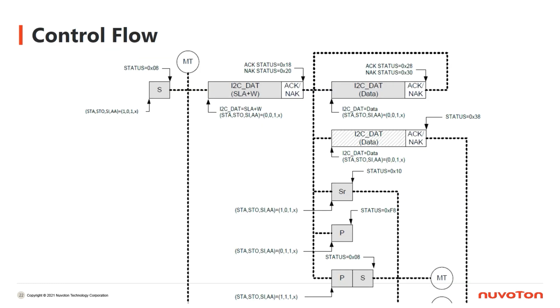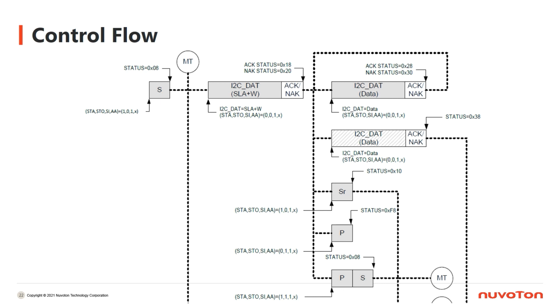This is one of the flows that we got from our technical reference manual document. The flow is a master transmitter flow. It is similar to what we have shown you before. The point is that the value of the status register will be changed by the behavior it has done or by the acknowledge it receives.